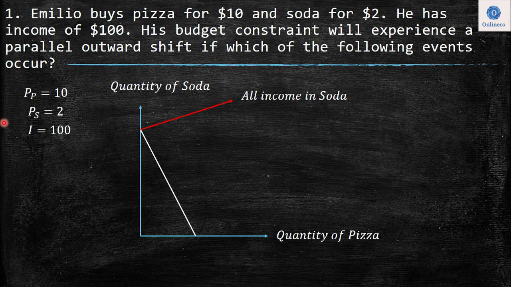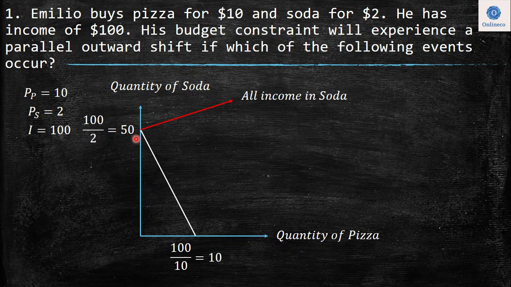In this case, soda. If we have $100 available and the price of soda is $2, it means that if you spend all your money on soda, you will get at the end of the day 50 units of soda. So it could be 50 cans if you want.